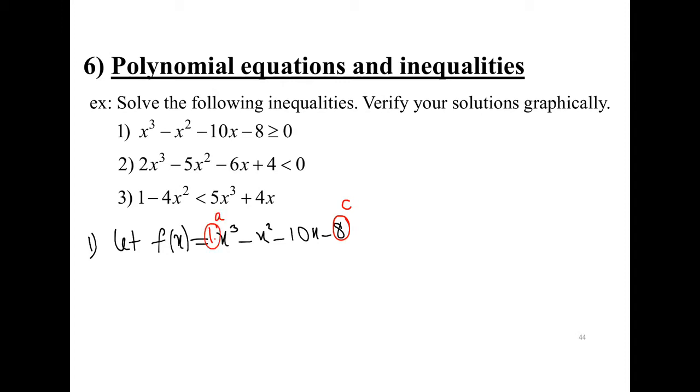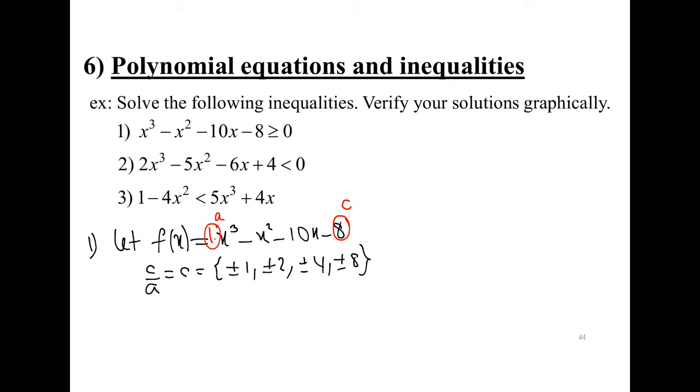Then c over a is in fact c in this case. So c over a, consisting of all the factors of c, since a is equal to 1, is plus or minus 2, plus or minus 1, plus or minus 4, and plus or minus 8.